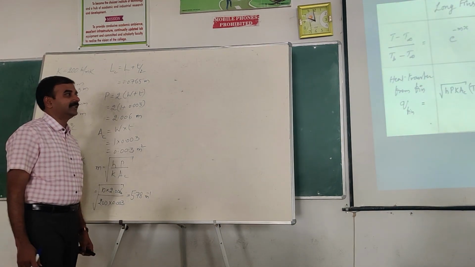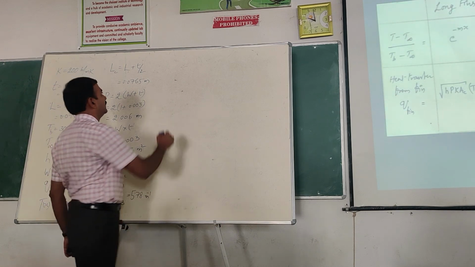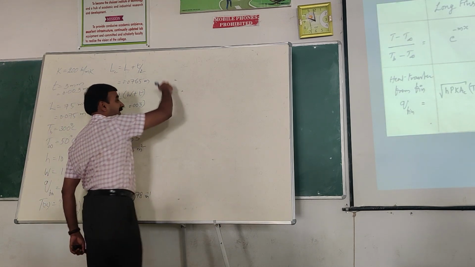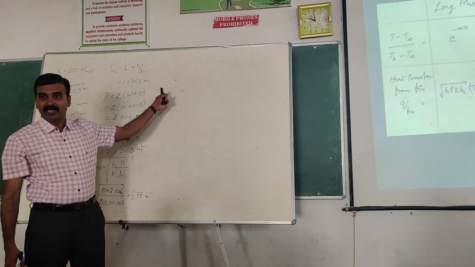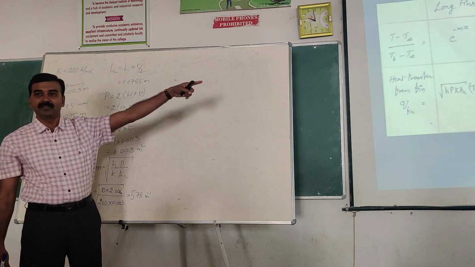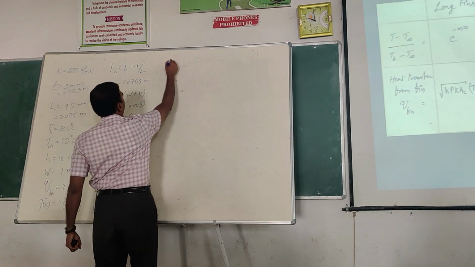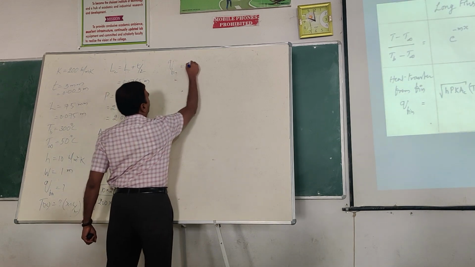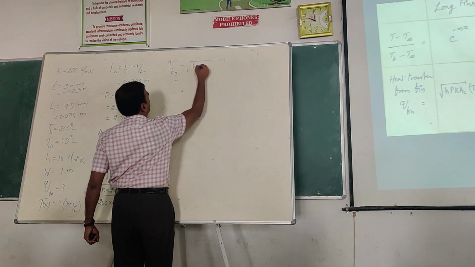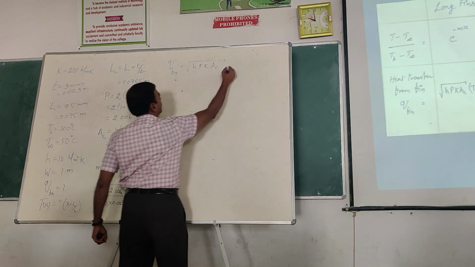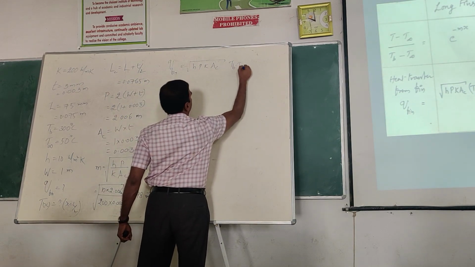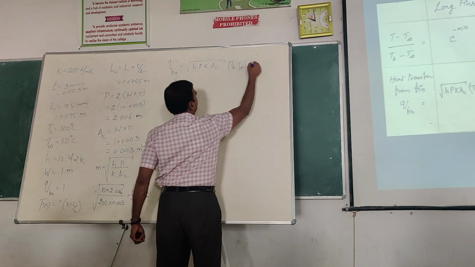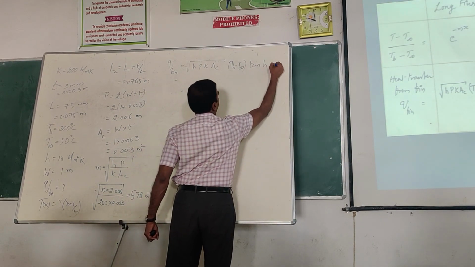The first part is heat transfer from the fin. You should write this. I think I have already written it, right? This is the case of that fin. So Q equals square root of hPkAc times (Tb minus T infinity) into tanh(m Lc).